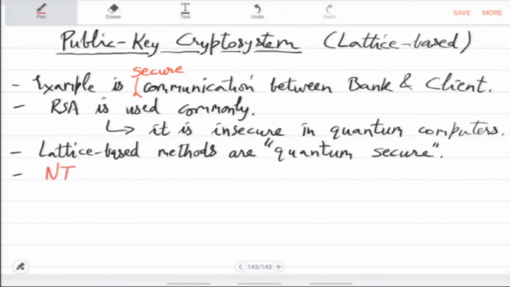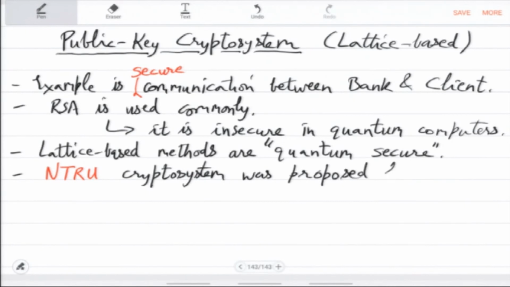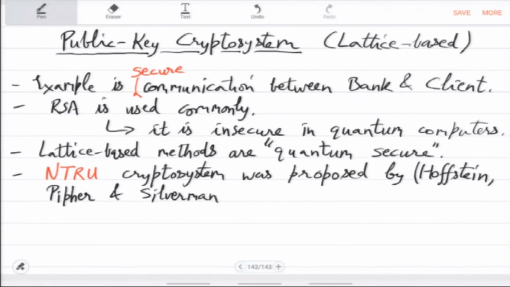NTRU was proposed by Hoffstein, Pfeiffer, and Silverman in the conference Crypto in 96.